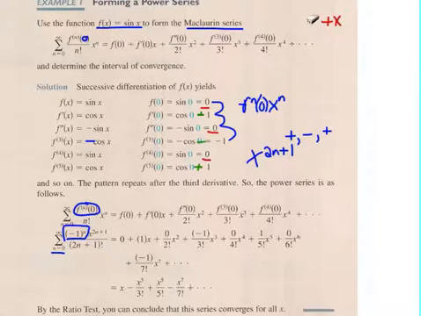And I'm just going to put positive 1x to be a little clearer. Then our next thing is going to be negative, so we're going to have -1, and if we put 1 in here, then we get x to the third. And then the next thing is going to be positive 1, and if we put 2 in there, we get x to the fifth. And then we'll do one more, so it would be negative, right?